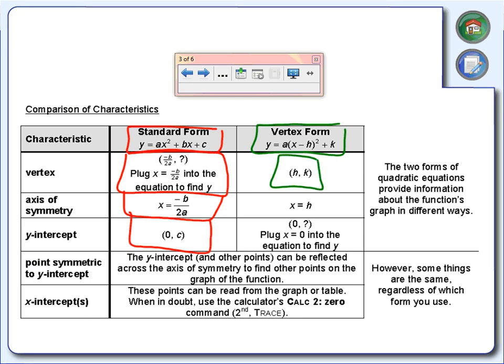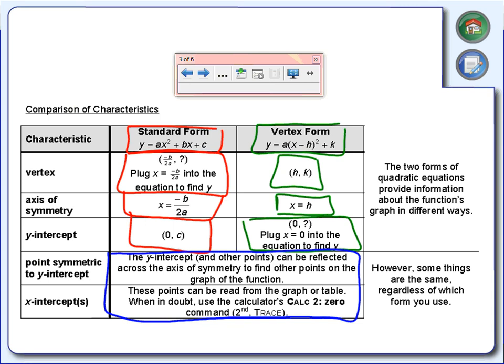In order to find the axis of symmetry, we have to do this. And to find the Y-intercept, we'd have to do this. So how we find those things is going to be a little bit different based on what equation we're given. Now you'll notice the last two over here, we can find both of those things the same exact way, regardless of which equation they give us.